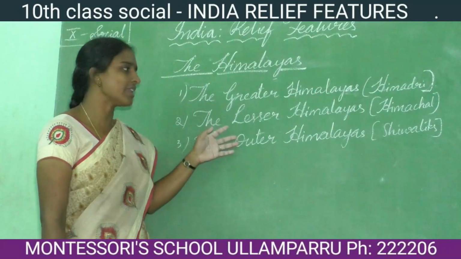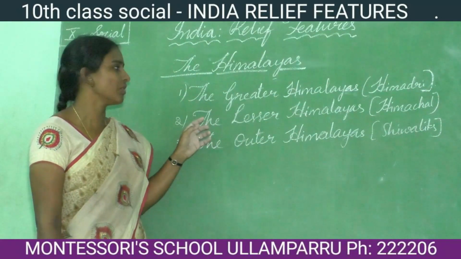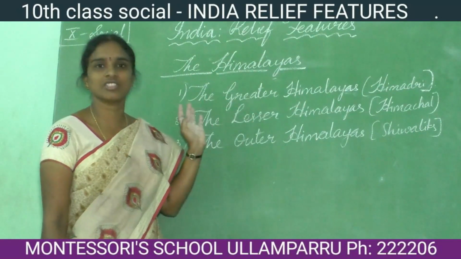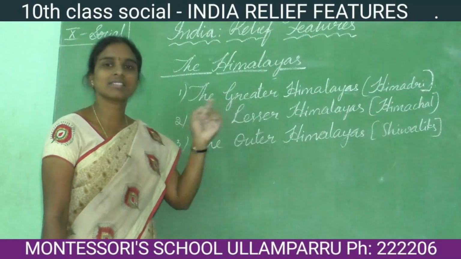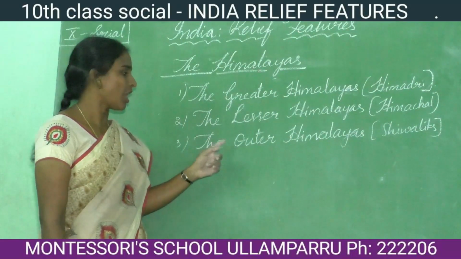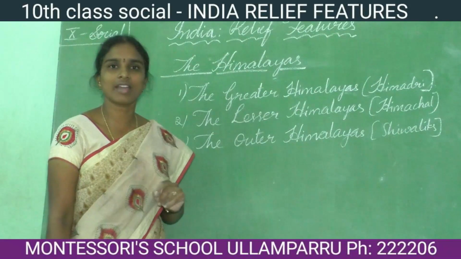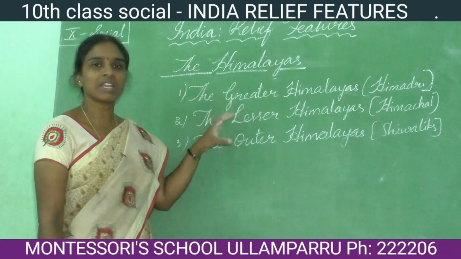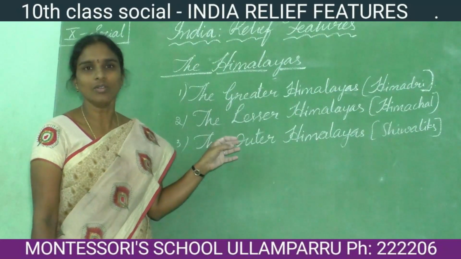These 3 Himalayan ranges have other names also. The Greater Himalayas are also called the Himadri range. The Lesser Himalayas are also called the Himachal range. The Outer Himalayas are also called the Shivaliks. So let me explain briefly about these 3 ranges now.